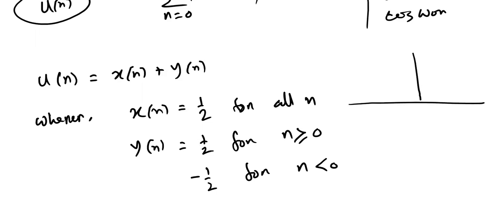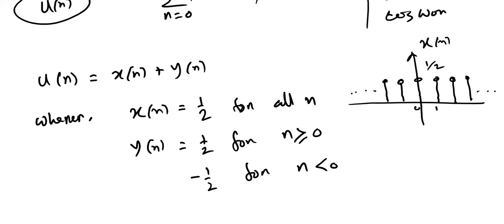What is x[n]? I'm just writing x[n] here. You'll find half all over the place up to infinity, and half there in the minus infinity. So the amplitude is half, across 0, 1, 2, up to infinity, and minus 1, minus 2, up to minus infinity. Now if I want to draw y[n], this is y[n].